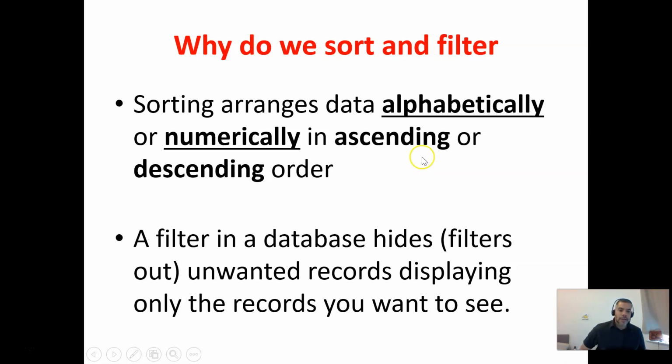So basically, you can get rid of anything you don't want when you use a filter. While sorting sorts your data alphabetically or numerically in ascending or descending order, a filter will get rid of any information that you don't want. And when you use these two together, you can really make sense of your data, and that is why it's very important to know how to do this.